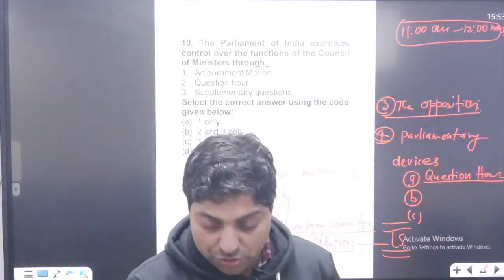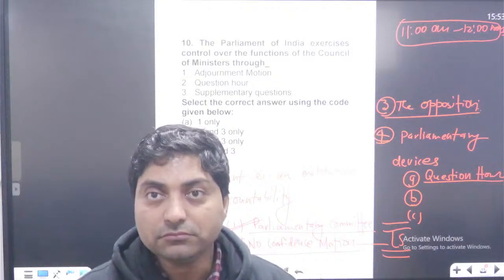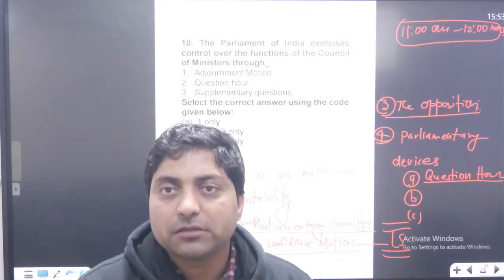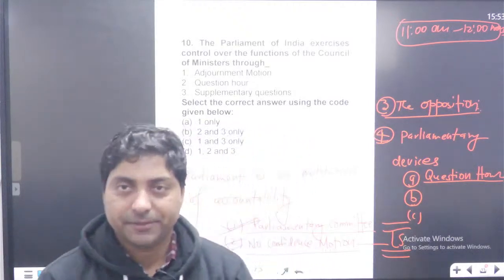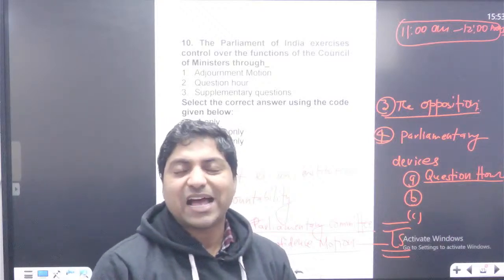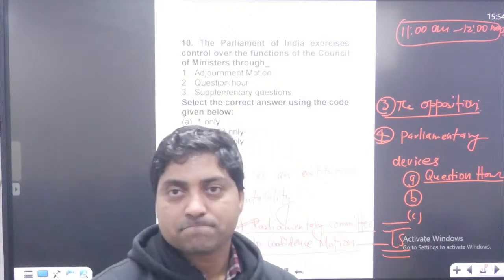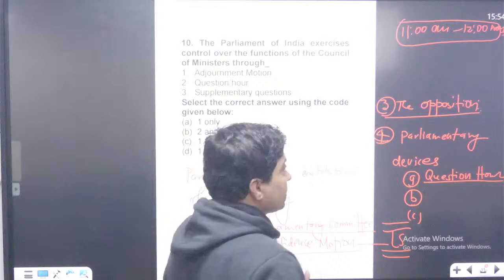What happens during the question hour? During the question hour, the members of the parliament ask questions to the ministers and the ministers reply, basically answering the questions posed by members. So, question hour is one device.